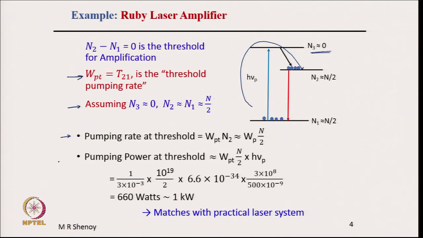Therefore, the corresponding pumping power is given by this number of atoms to be raised multiplied by the energy of the photon, raised per second. Energy per second will be the power. So, this is the threshold pumping power. Threshold pumping rate multiplied by the photon energy of one photon gives you threshold pumping power.